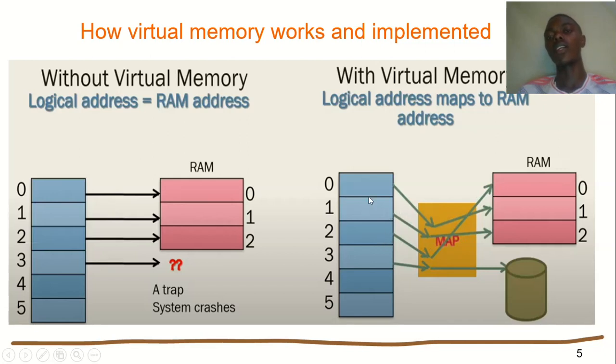It's not in order, they just map it anyhow. And if page 3 requests space in the physical RAM, given that RAM is full, they will first keep that request or that process in the virtual memory. This acts as the virtual memory.